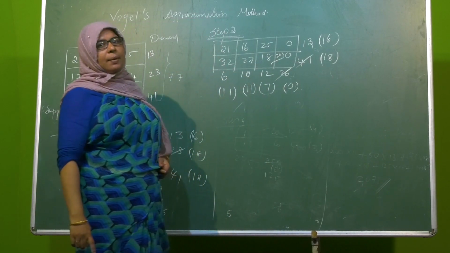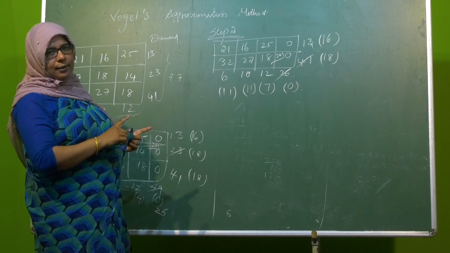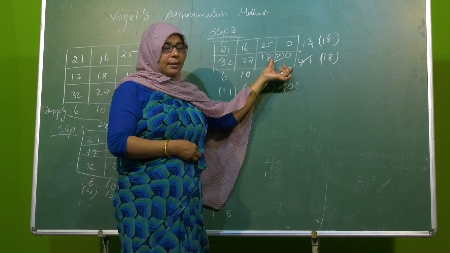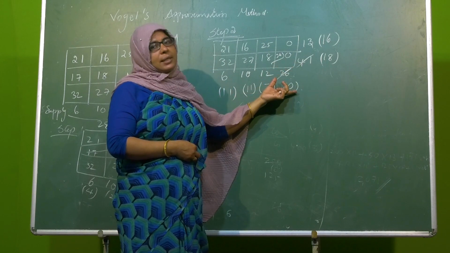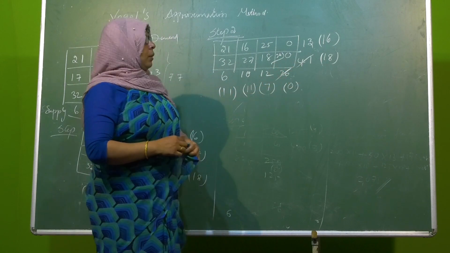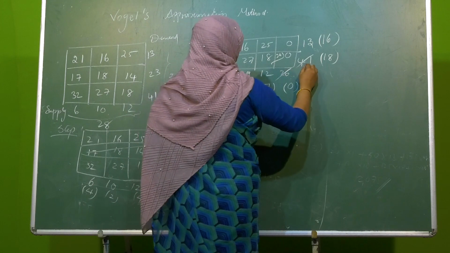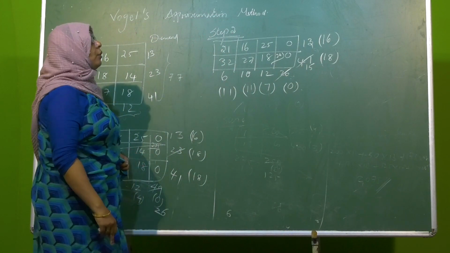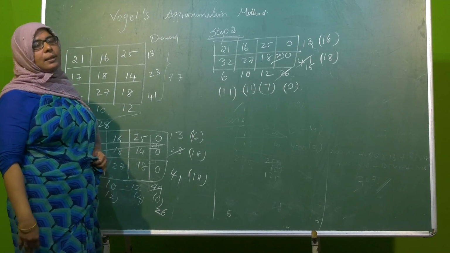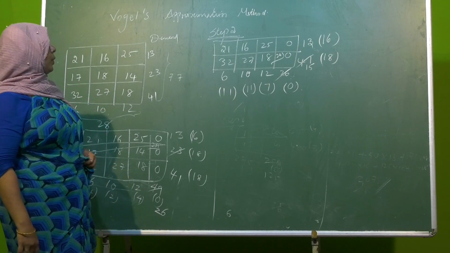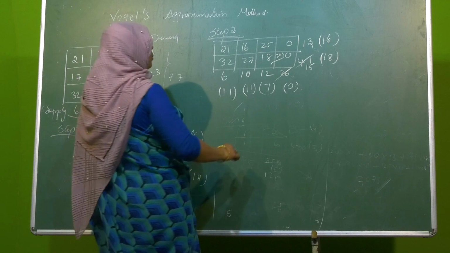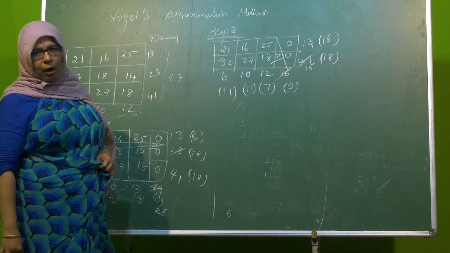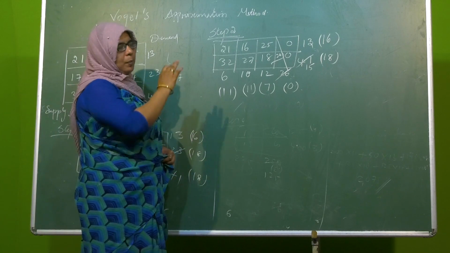Which is the minimum of 26 and 41? 26 is the minimum, so we allocate 26 and subtract 41 minus 26, 15. So you have to eliminate the last column, the fourth column, because 26 has been used up.